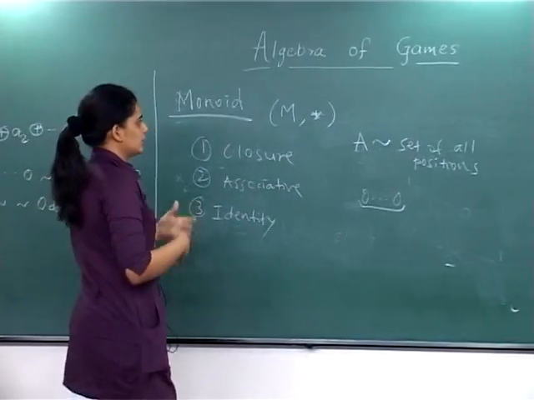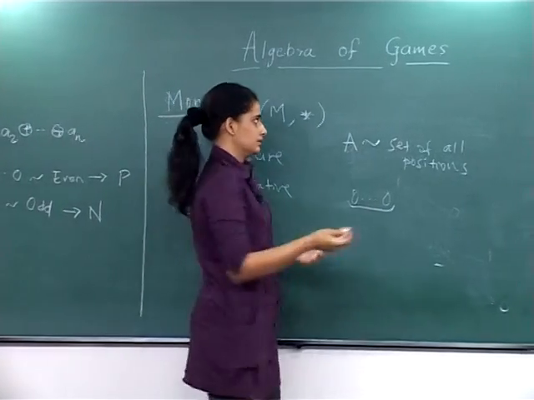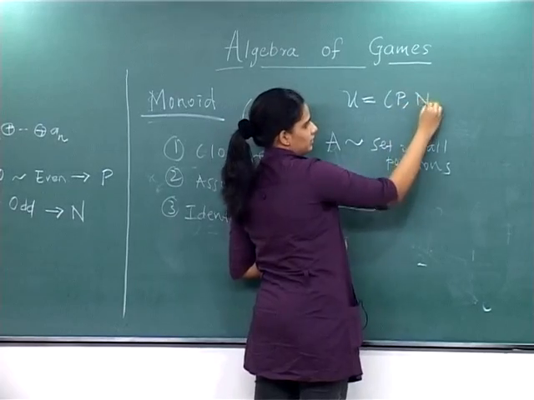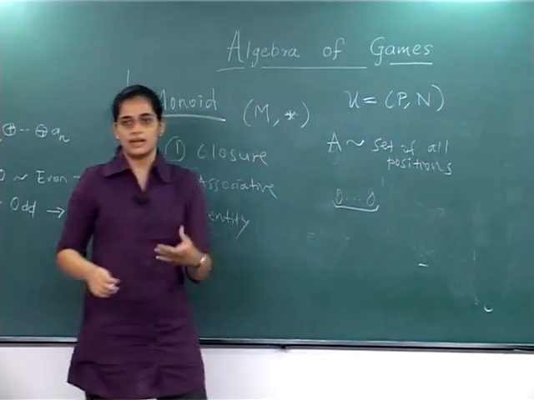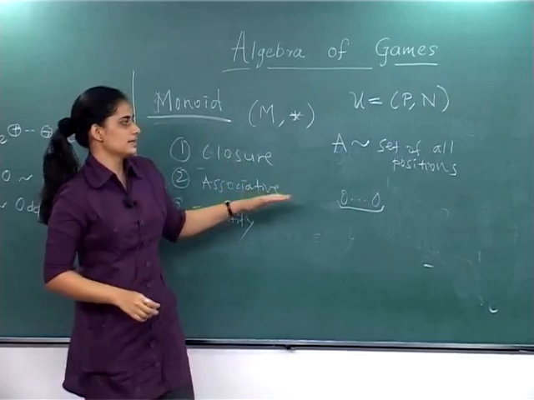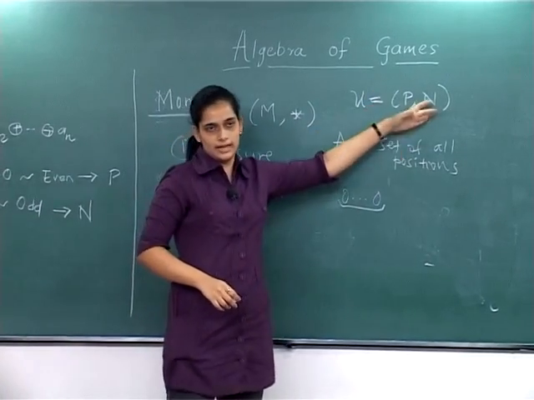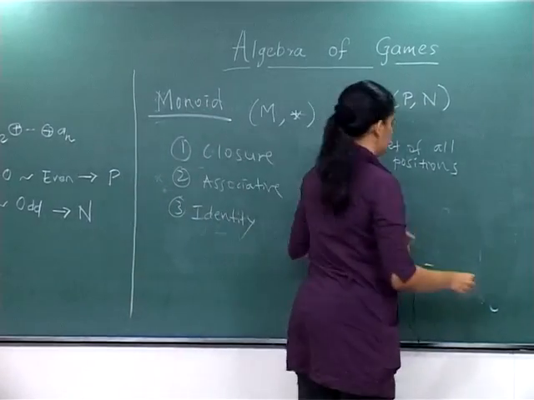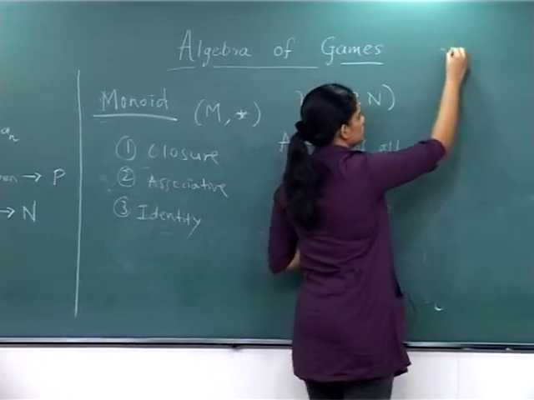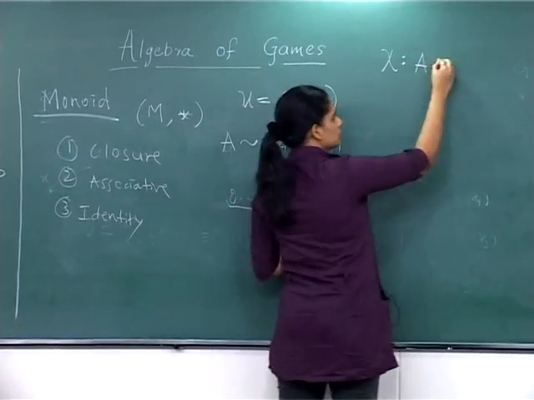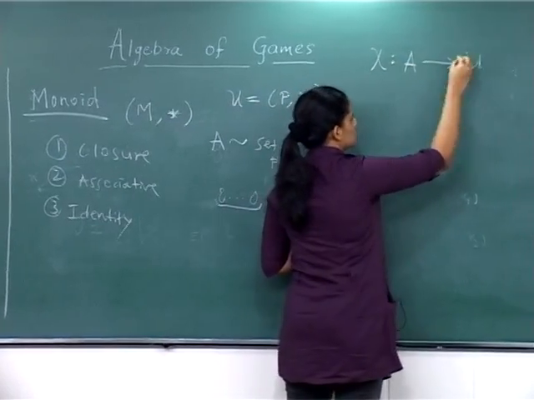For example, in impartial games, my outcome set is P or N, whether a given position is a P position or an N position. So given A, I should be able to map it to P or N. This is called my outcome function, which maps the set of all positions to the set of outcomes.